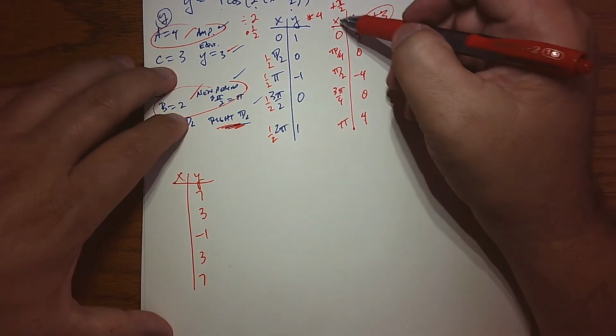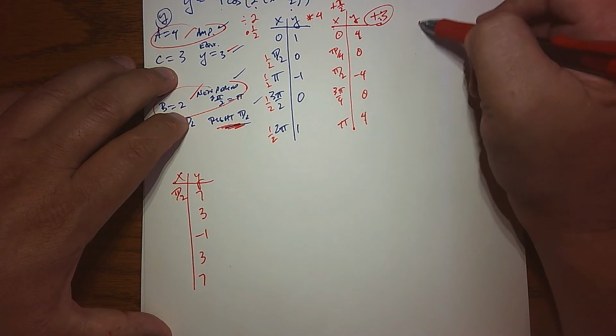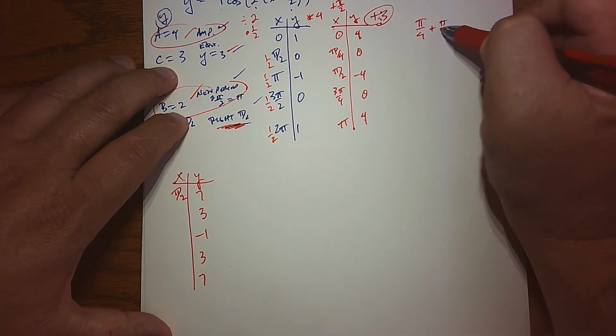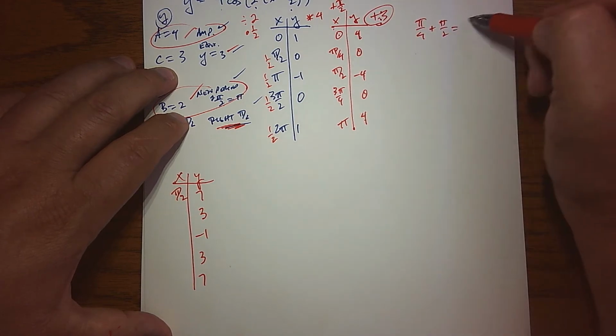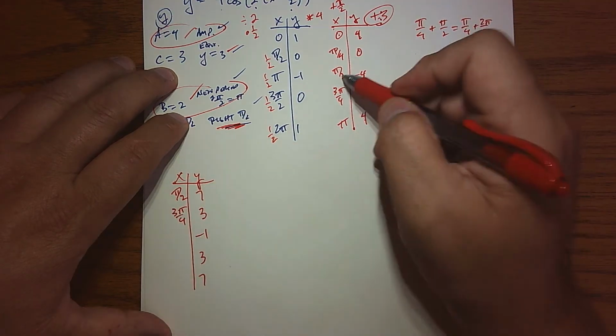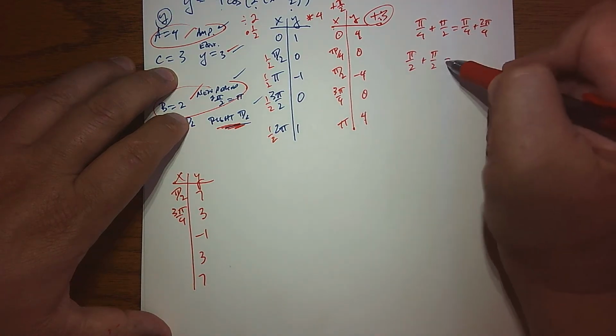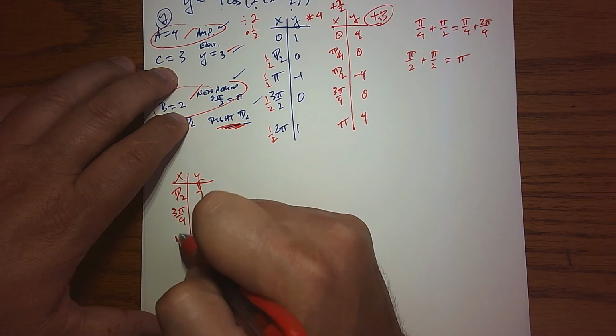The tougher ones, well, 0 plus pi over 2 is pi over 2. Pi over 4 plus pi over 2, well, getting a common denominator, this would be 3 pi over 4. Pi over 2 plus pi over 2 is just pi.